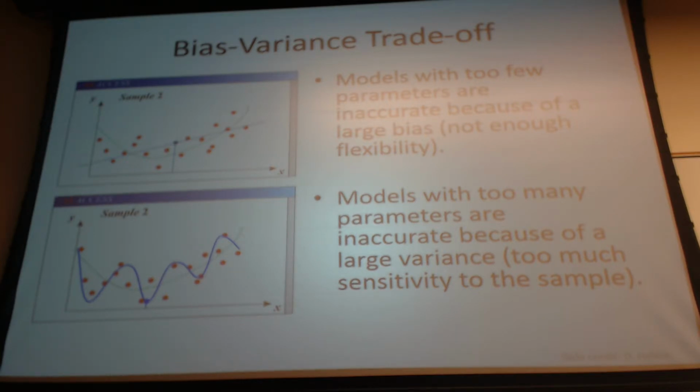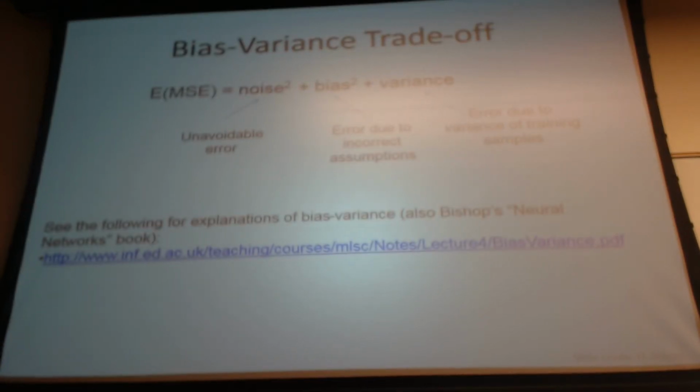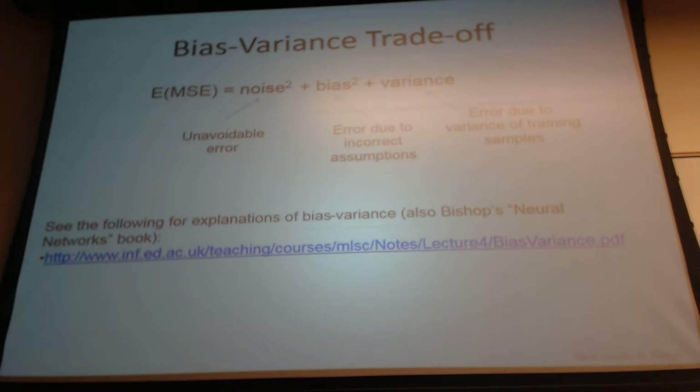Given this, the total generalization error can be summed up like this. The expected value of generalization error is some noise in the data. That noise we cannot avoid. It's not a problem of the machine, it's just resulting noise. But then you have bias, the error due to incorrect assumptions, bias squared, plus variance, the error due to variance of training samples.